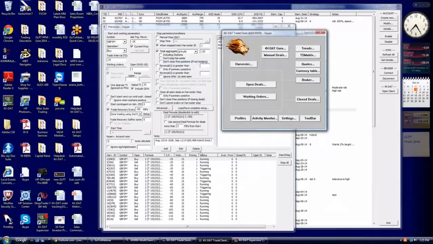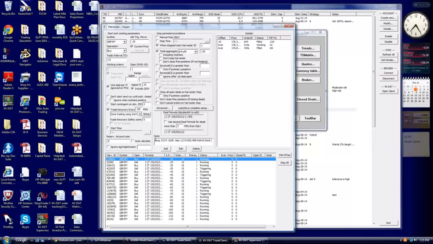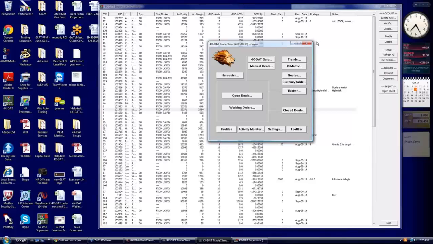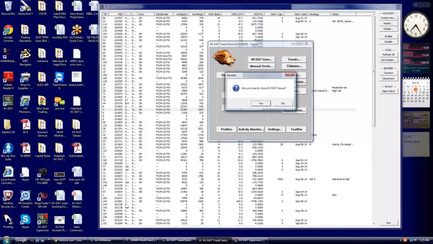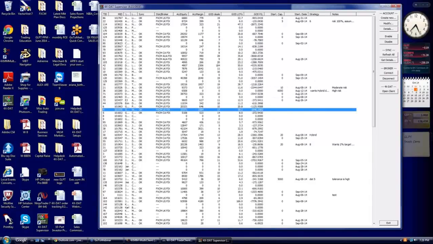So you will see the strategy right in this note section under the very first harvester, the one with the lowest ID number. That's also where the initial balances will be noted. Okay, so I'll close that out.